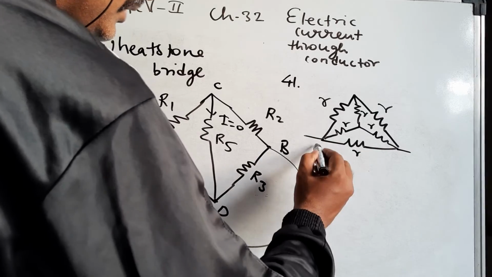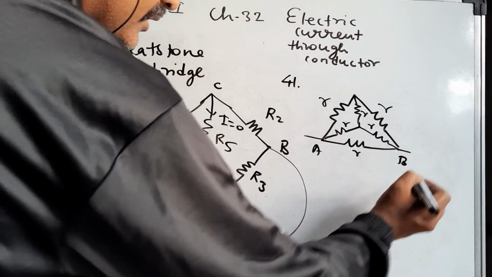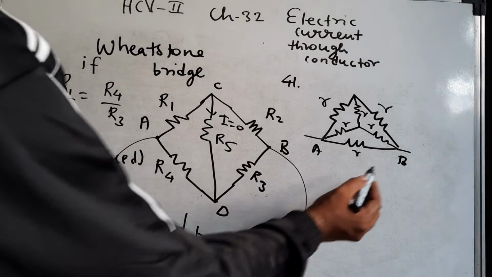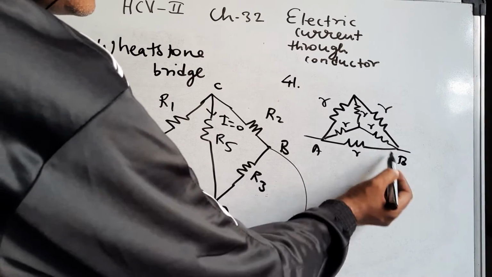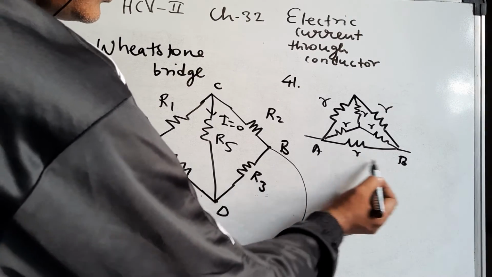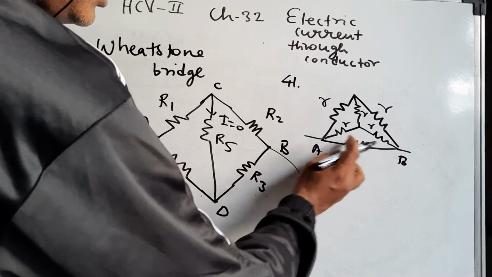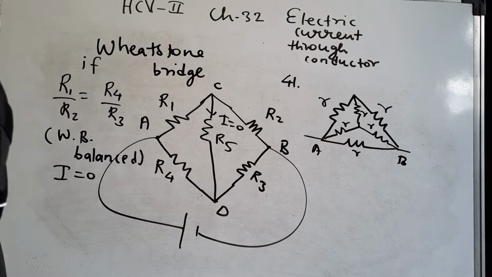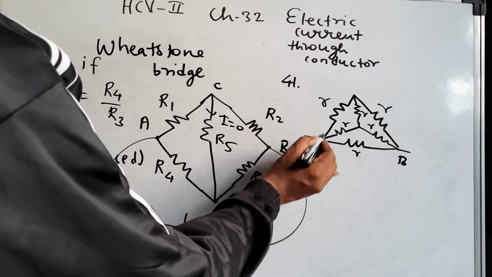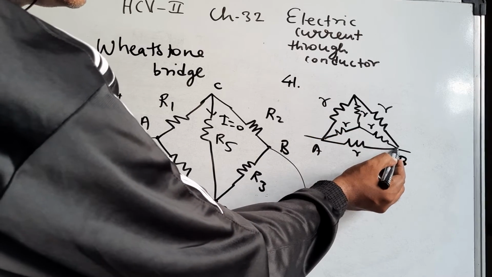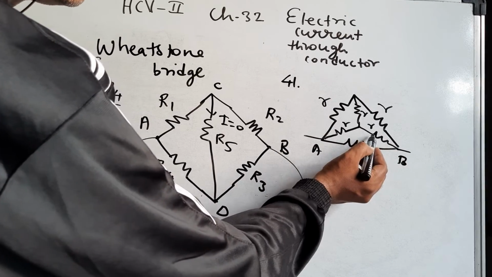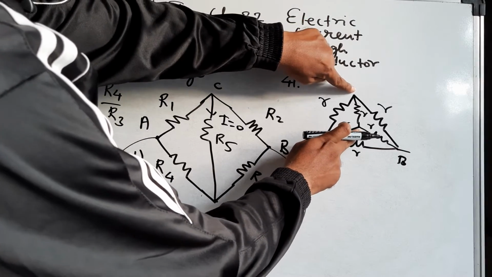So if you examine between A and B the equivalent resistance, excepting this R, if you forget about this R, you can see from this end there are two resistors emerging. Similarly from this end also there are two resistors emerging, and these two are joined at these two ends.